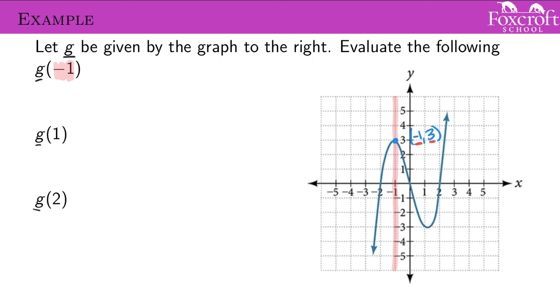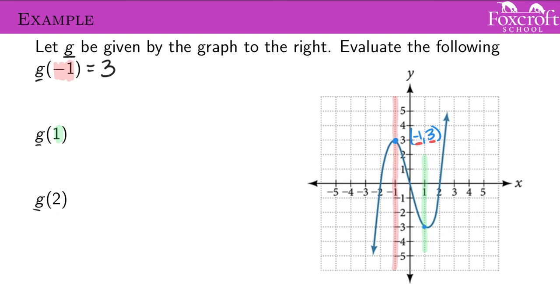That tells me my function notation, g of -1, when I put -1 into my function, I get out 3. When you're doing these with the graph, you're told the first coordinate, the x value, and you figure out the second coordinate, the y value. The next one, g of 1: I go to 1 on my graph, and I see where it hits my graph, down here at (1, -3).